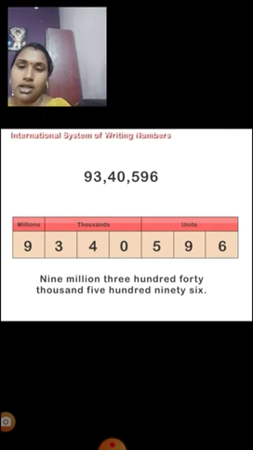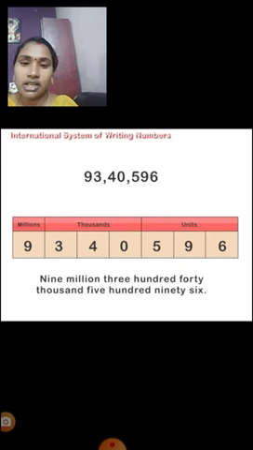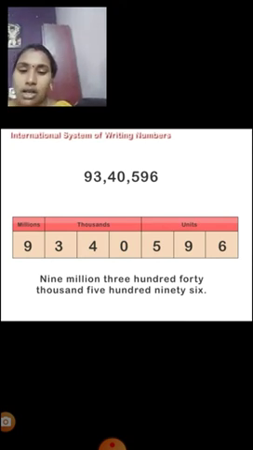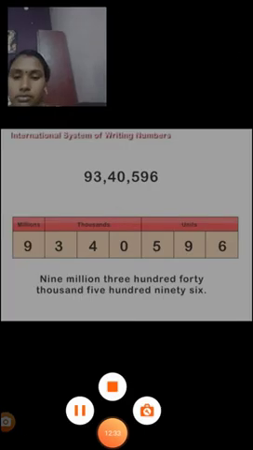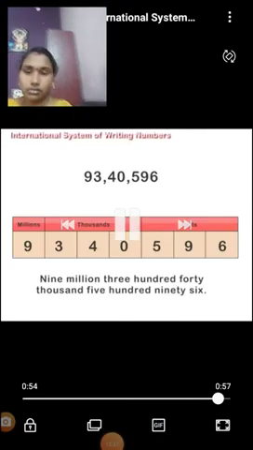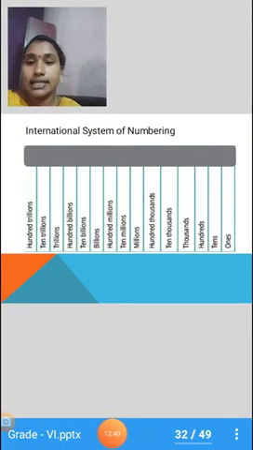In the international system, this method of numbering will be a little difficult, but once you get used to writing these numbers, it will be very easy. Okay, children? So let us see the table for the international system of numbering.